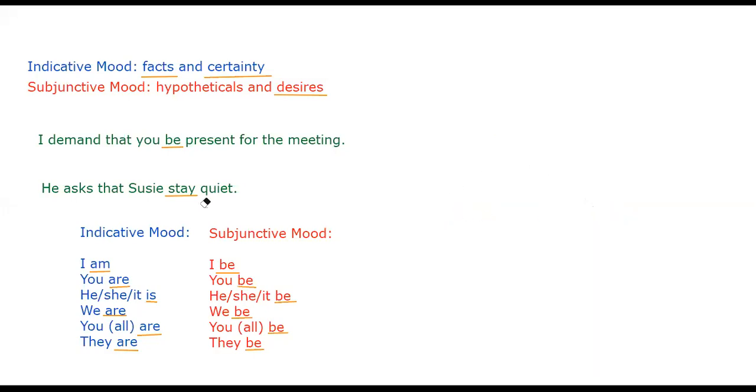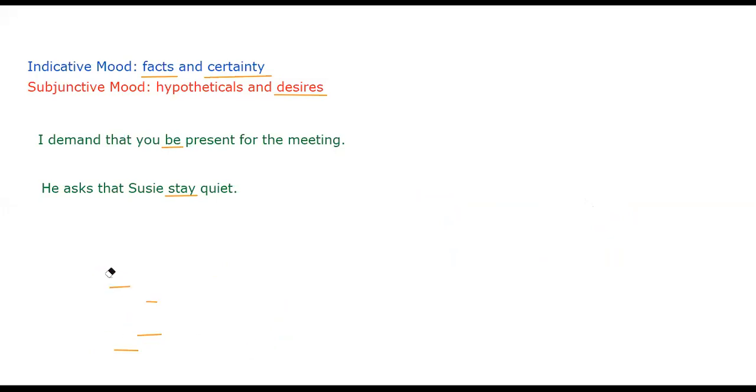Let me show you an example that could be interpreted either way. Let me do this sentence in the indicative.